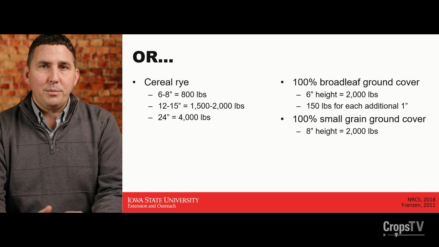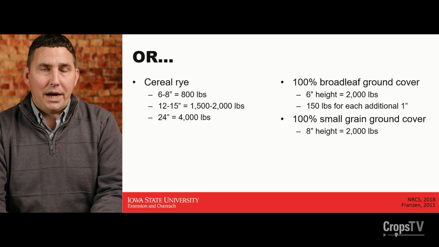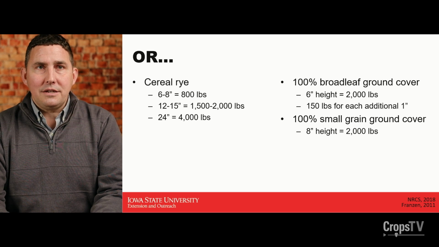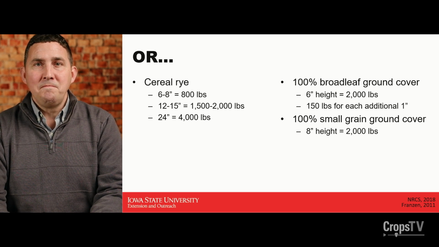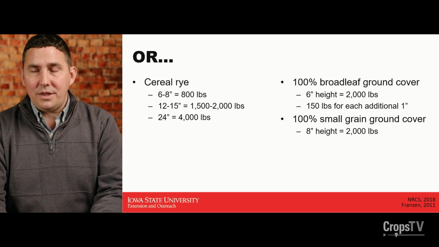So at 100% ground cover and 8 inches of height, their data set would show that's roughly 2,000 pounds of biomass. And there you can see a pretty big difference, quite honestly, between what the Iowa NRCS had at 800 pounds and what NDSU had at 2,000 pounds.